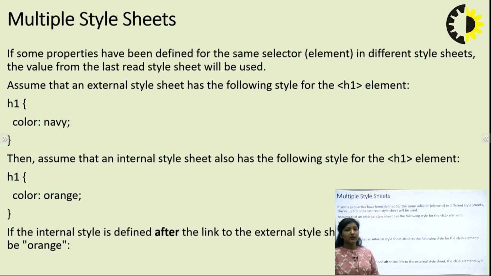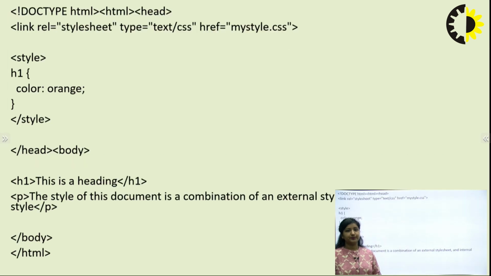For one H1 the color is defined as navy, and for another H1 the color is defined as orange. Whenever I call this selector again in my web page, instead of navy it will always use orange. That means the last rule used for the selector is the style that will be applied.